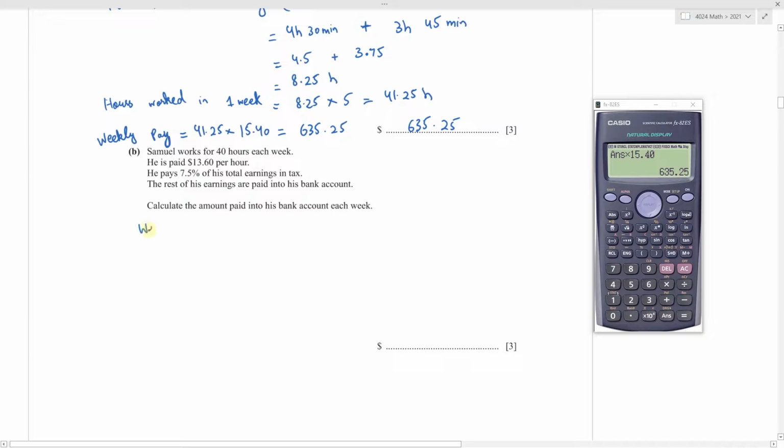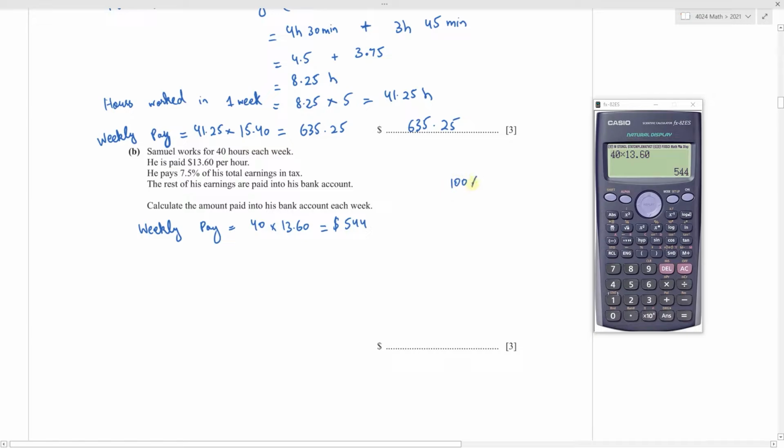So weekly pay here will be, he works 40 hours, salary is 13.60 per hour. So weekly pay is 40 multiplied by 13.60, which is $544.